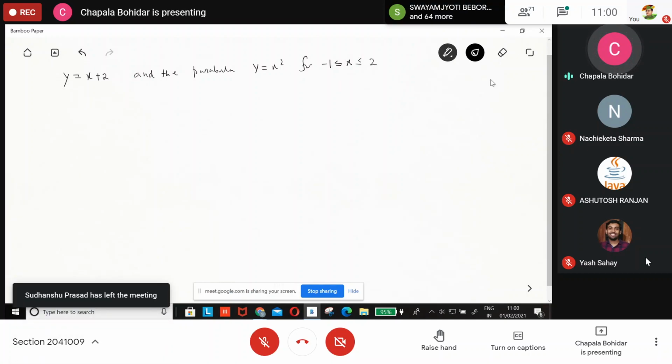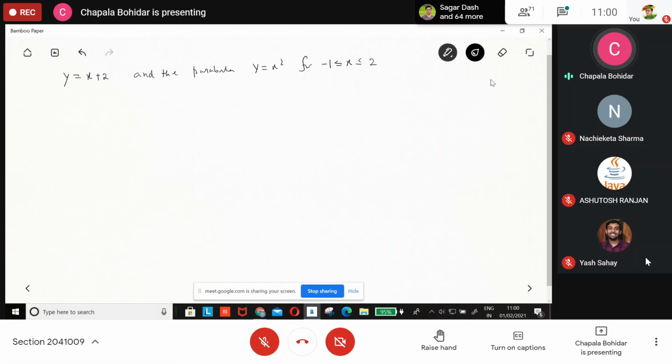The domain is given to you. Under that interval, what is the maximum vertical distance?